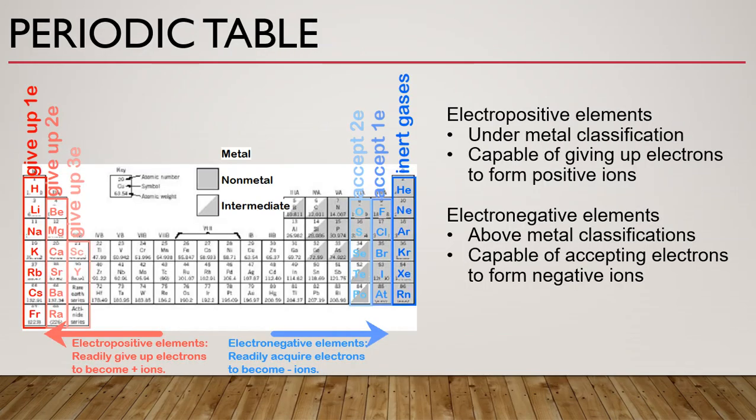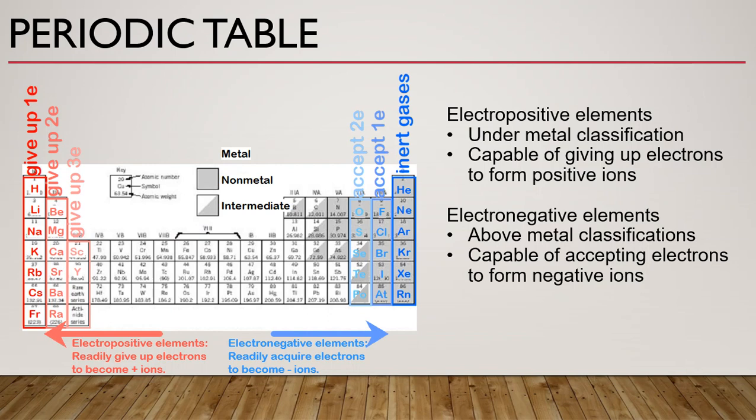So, para mas maintindihan natin tong electropositive elements or the positive ions and the electronegative elements or the negative ions, ibig sabihin lang nito, kapag ikaw ay nag-give up ng electrons, di ba sa neutral na atom, the number of electrons is equal sa number of protons. Kapag nag-give up ka ng electrons, meaning mas mataas na yung number of protons mo kaysa kay electrons. Kaya ka naging positive ions.